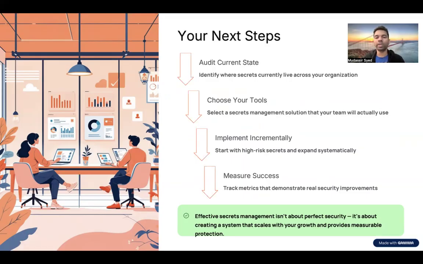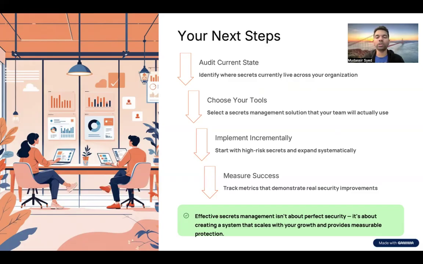It could be one tool, it could be maybe two tools, but not too many tools, which would confuse your employees or developers who are using them. The third one is to implement it incrementally. Start with the high risk secrets, and then slowly do it for all the other kinds of secrets. And lastly, measure how you're doing on a cadence, maybe quarterly, to see if there are any secrets that are found in your code while your static code analyzer is looking at your code.